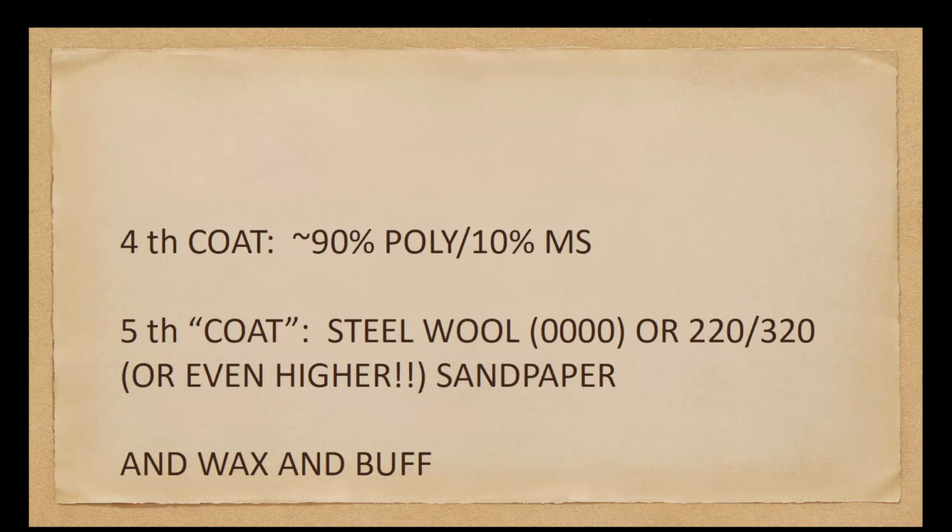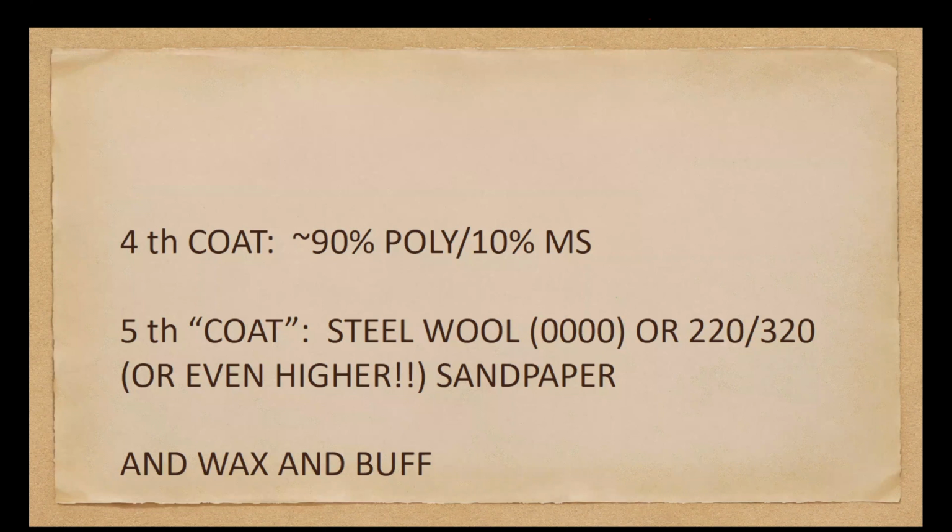My fifth coat, if one wants to call it that, I use 4-aught steel wool, and I think Liberon is one of the brands that's available. And I get some wax of whatever kind, Johnson paste wax, for instance, and I rub the entire finish with this steel wool and wax.